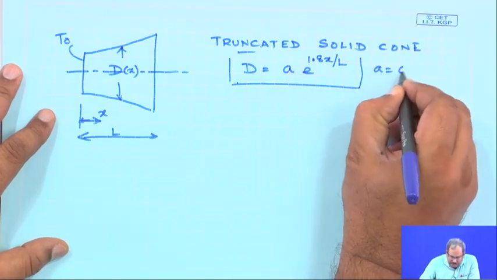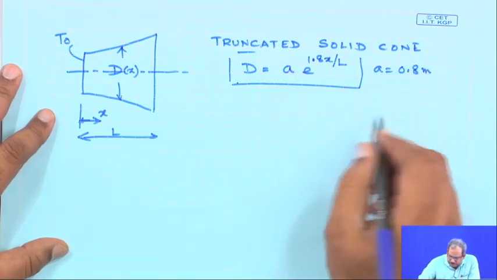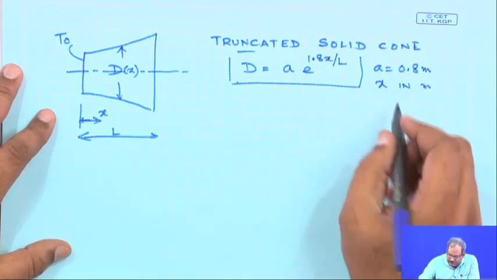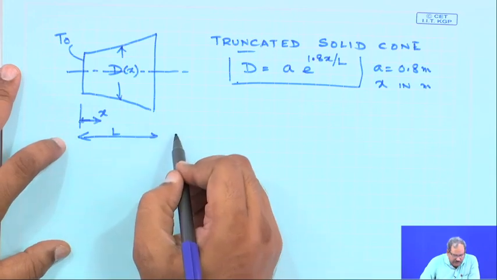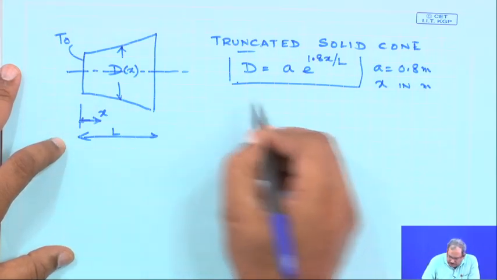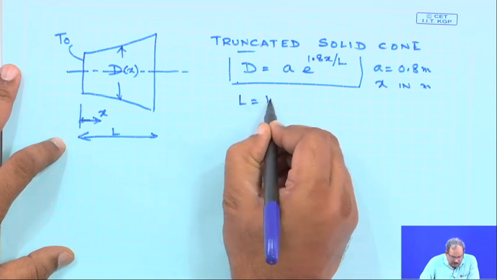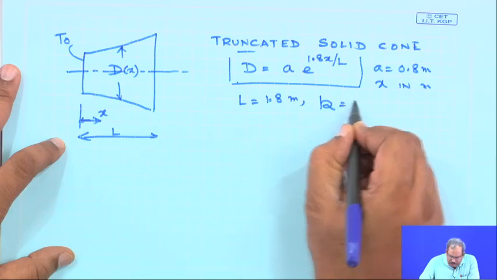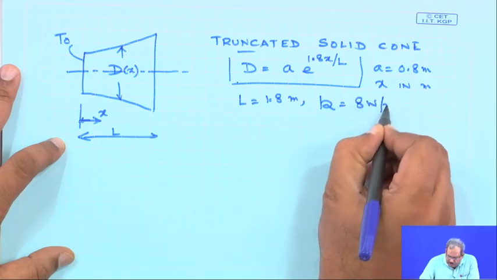The value of a is 0.8 meter, x is in meters, and L is the length of the fin, as I have shown you. The length of the fin is 1.8 meter. It has a thermal conductivity of 8 watt per meter Kelvin.